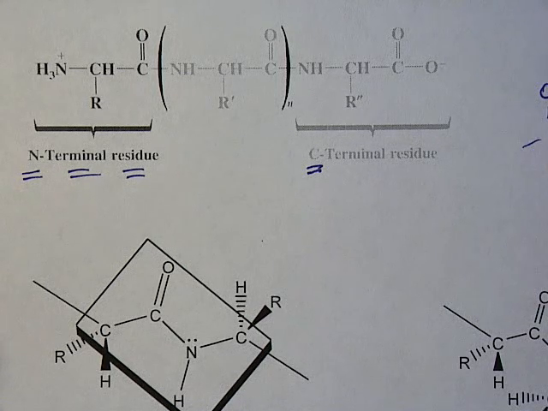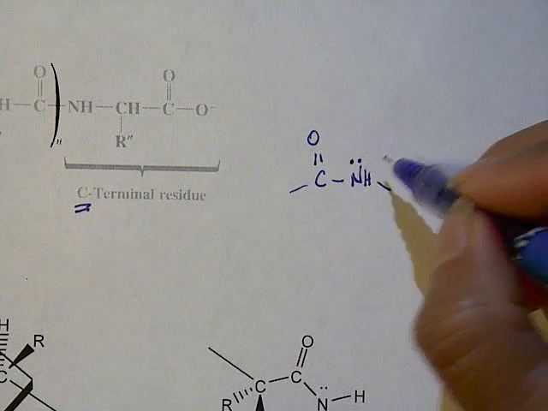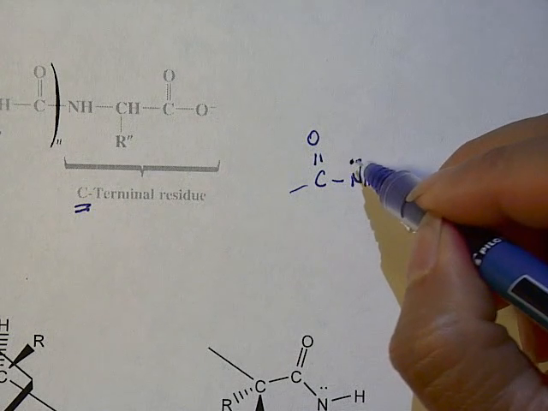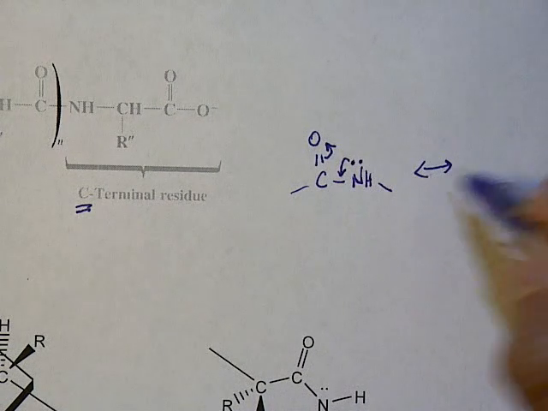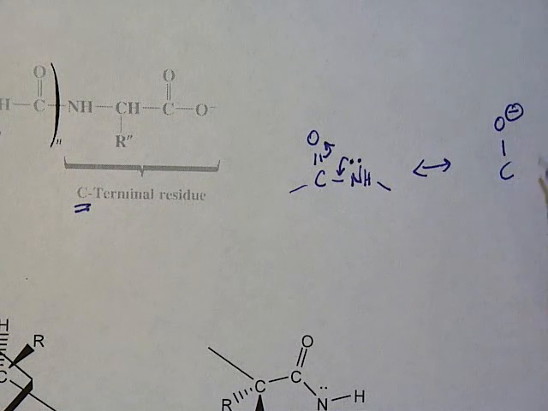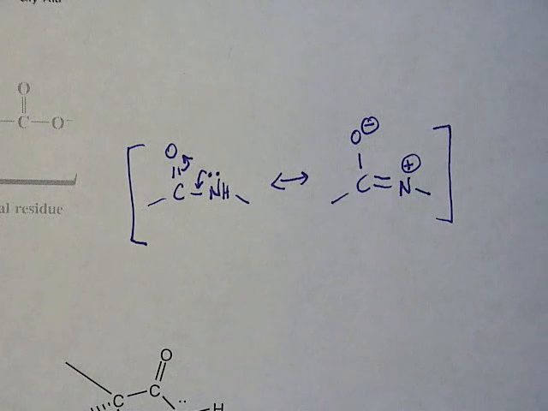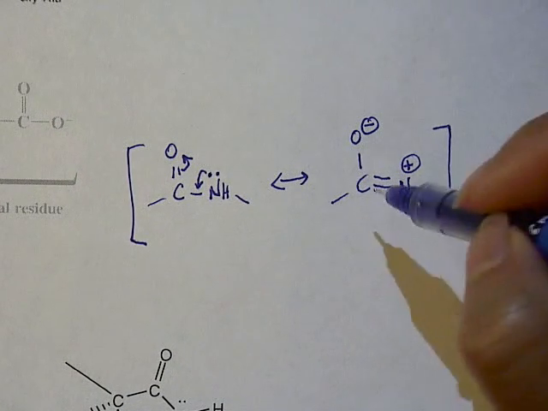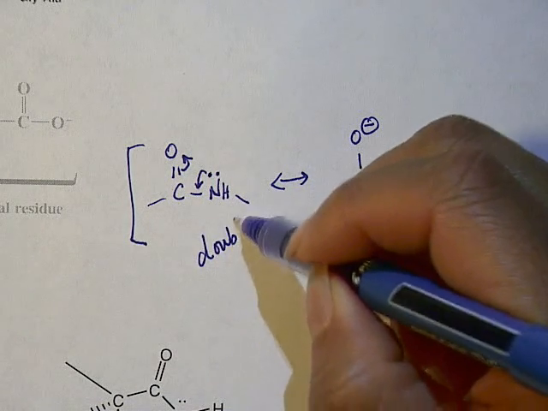And what you remember from the acid derivatives unit is that this nitrogen lone pair is contributing in this way. So you could draw a resonance structure like this. And what that's telling us is that the amide bond, this carbon-nitrogen bond, has double bond character.